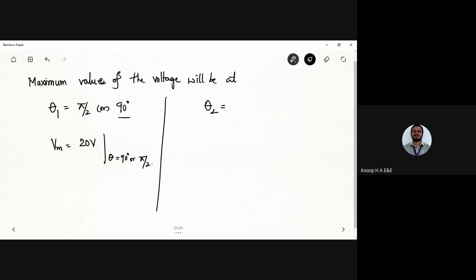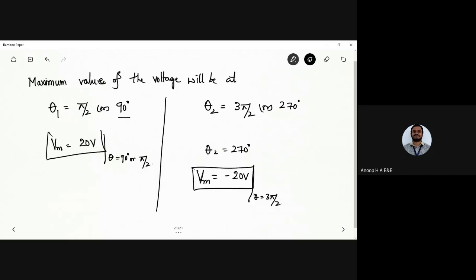Theta 2 would be at 3 pi by 2 or 270 degree, where I have the negative peak value, Vm equals minus 20 volt, in the negative half cycle. The values are plus 20 volt and minus 20 volt respectively.